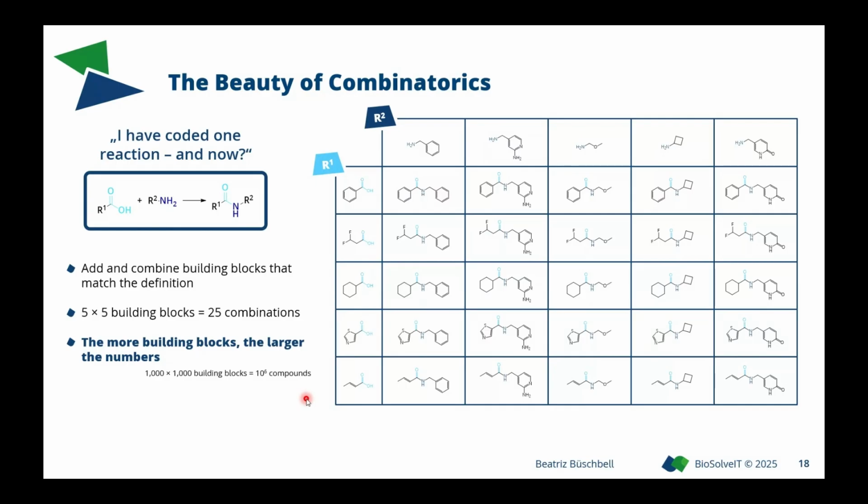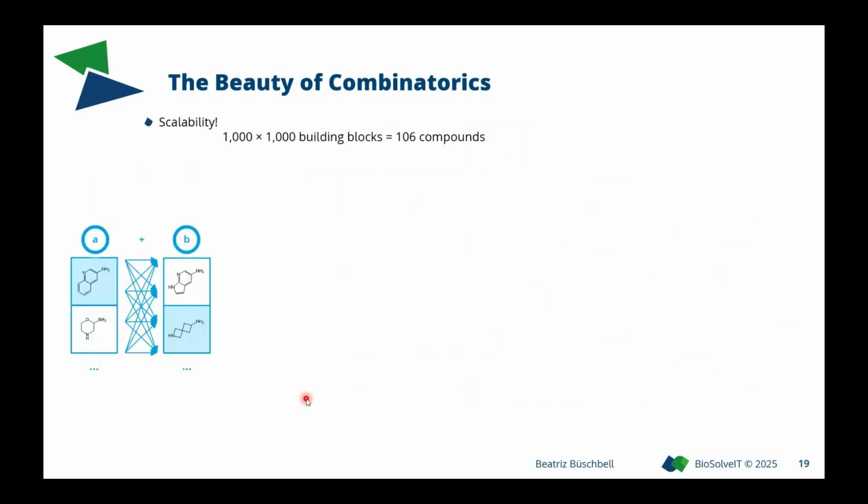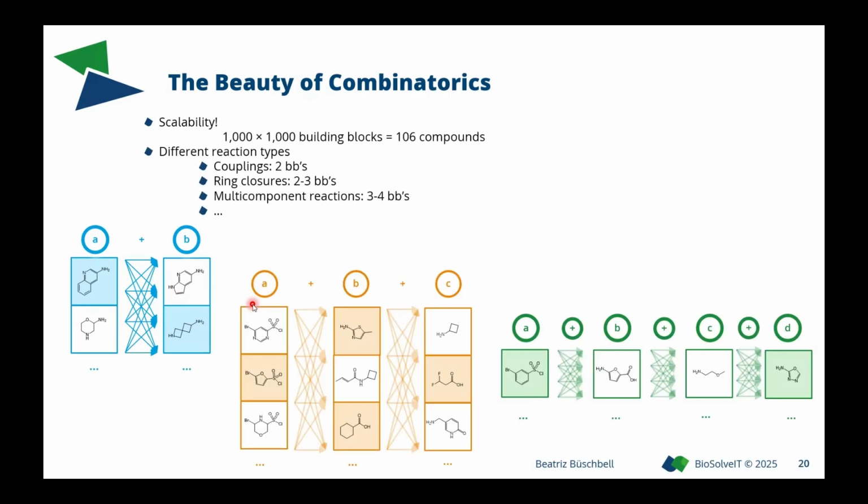But this is only for one reaction. So this scalability point is a huge benefit that you have when you are looking at enumerated libraries, because what we see on the left is just one reaction type, as I said, the amide coupling. But we have different reaction types. We can do different types of couplings. We can do ring closures.